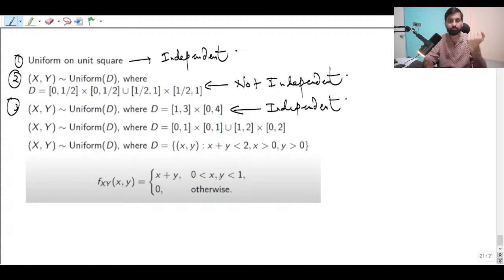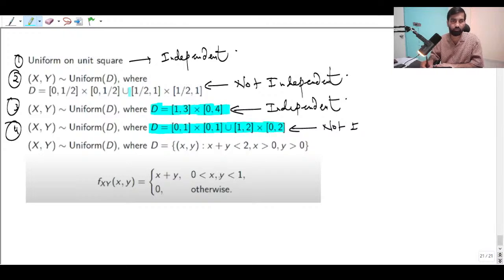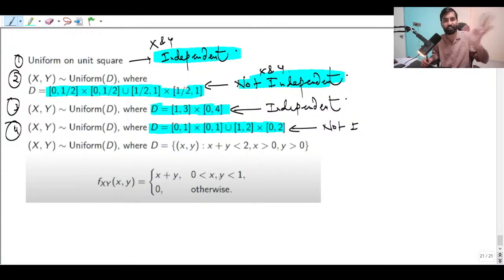Okay. Next is the fourth one. You can see this is not independent, by looking at the region of support. Independent, what is independent? X and y. You have to remember x and y. See, density function independent नहीं होता.